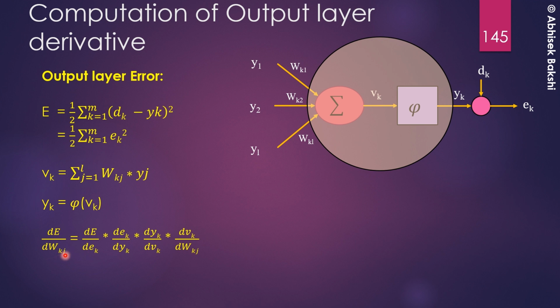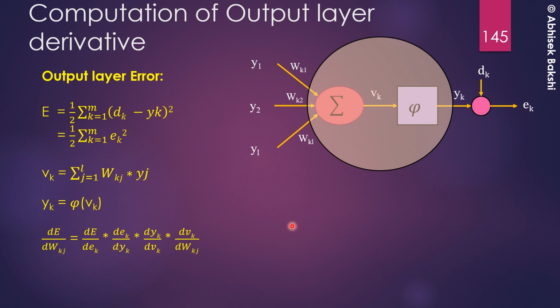In the same way, if the second neuron of the hidden layer is connected with the first neuron of the output layer, then j is 2 and k remains 1, so it will be w12.